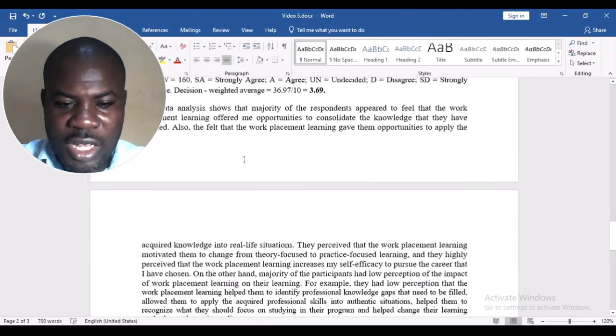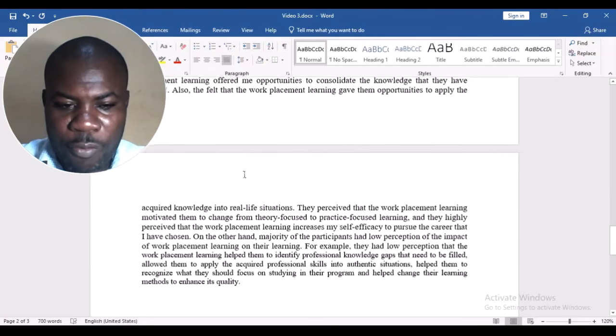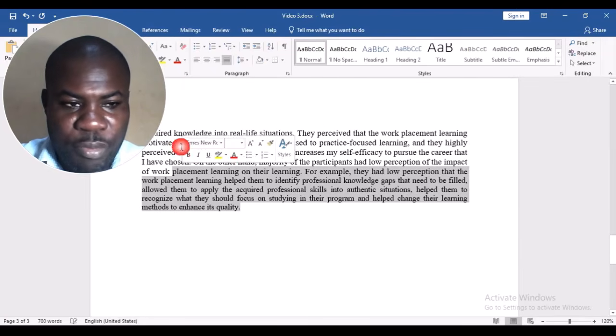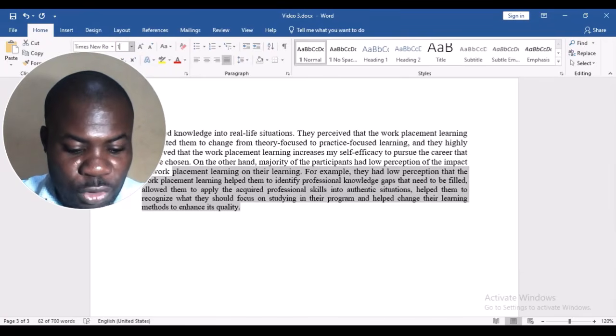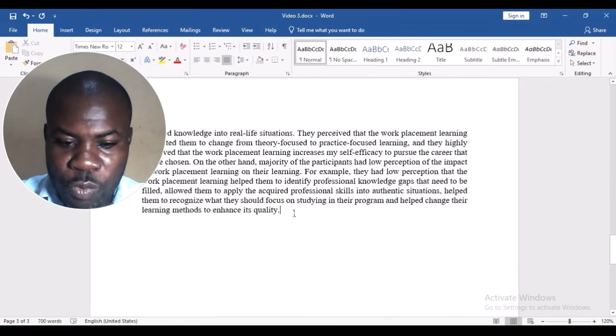So you can see I've already used this to form an interesting paragraph here, so people will be able to make meaning of what you have found.